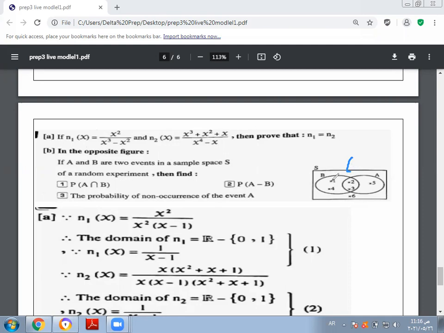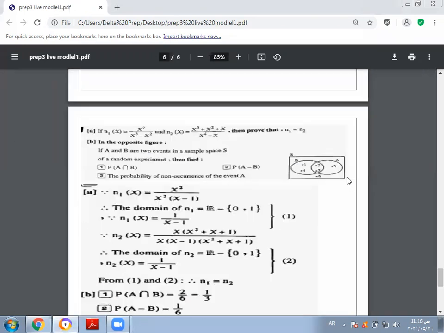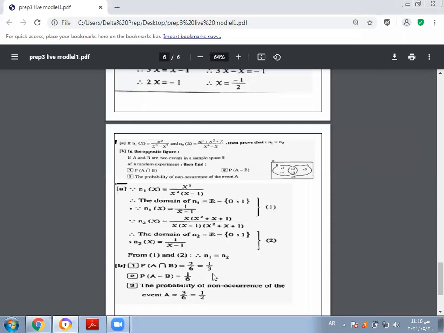The number of elements of the sample space is 1, 2, 3, 4, 5, 6. It will be 2 over 6, which is 1/3.